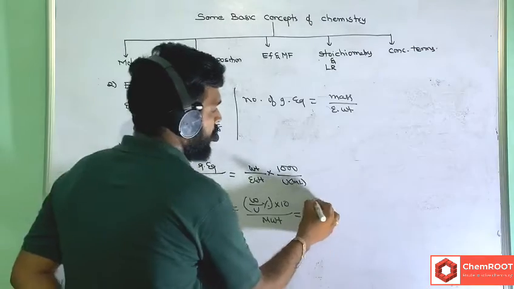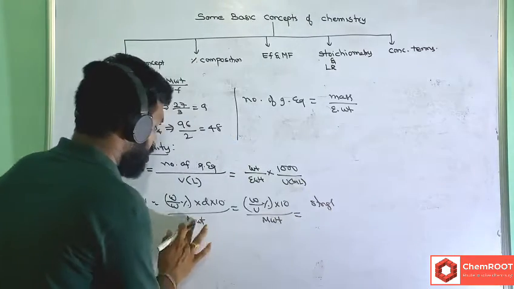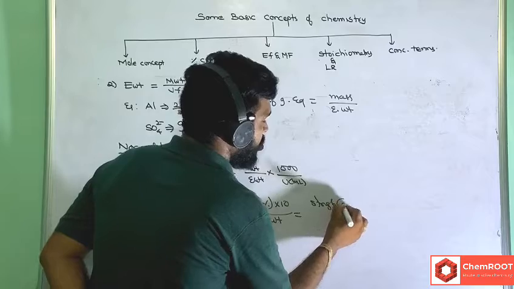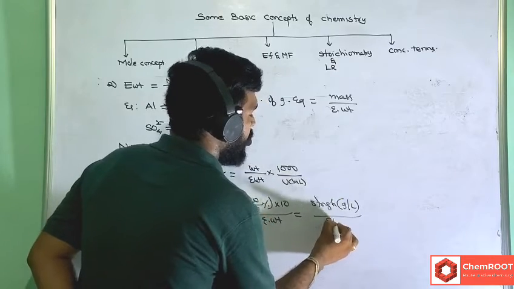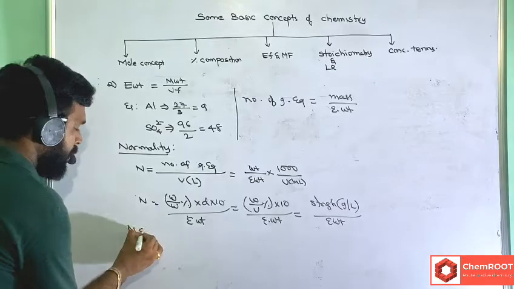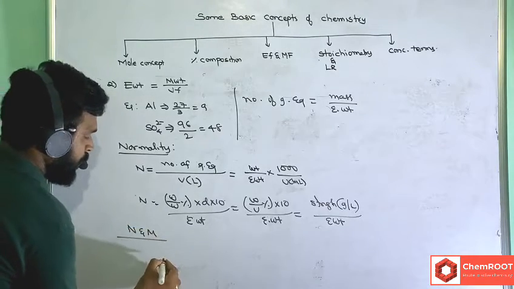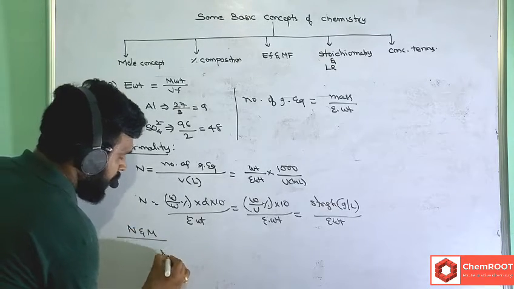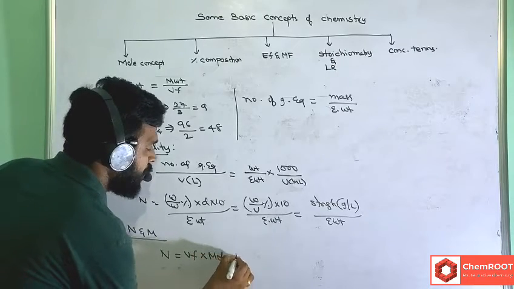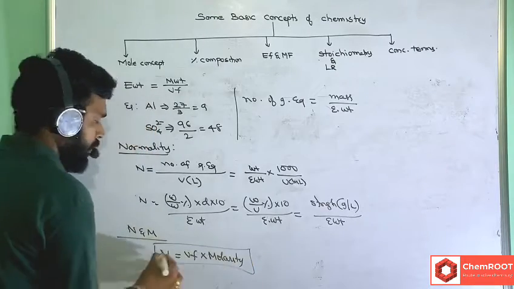If they give strength, here molecular weight, you will get the equivalent weight. Strength means grams per liter, so you will get the equivalent weight. Okay. And what is the relation between normality and molarity? That is also important. So normality is equal to valency factor into molarity. This is an important one.